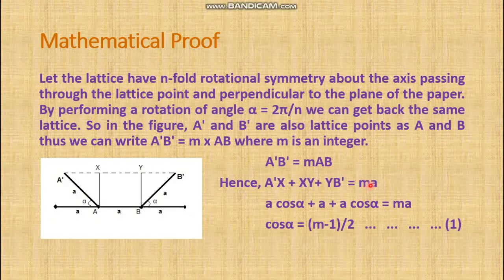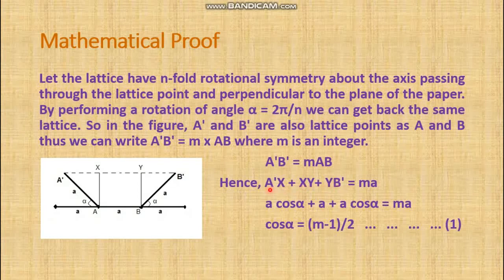So on the right hand side we have written M into a. On the left hand side, we have split this line into three parts: A dash to X, X to Y, and Y to B dash.